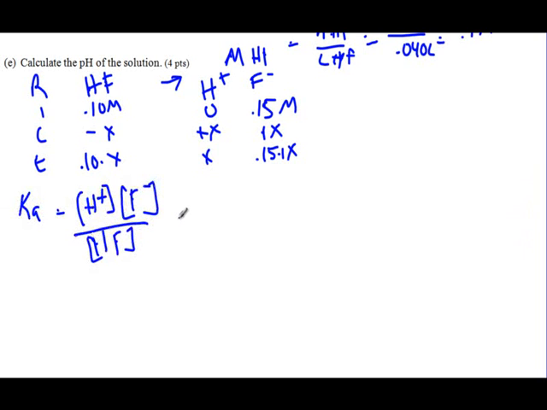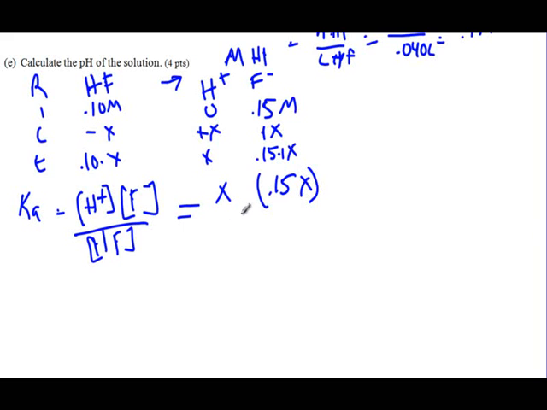So that's going to be X for H+, times F-, which is 0.15 plus X, over 0.1 minus X. My bad, this is a product, so it's 0.15 plus X.